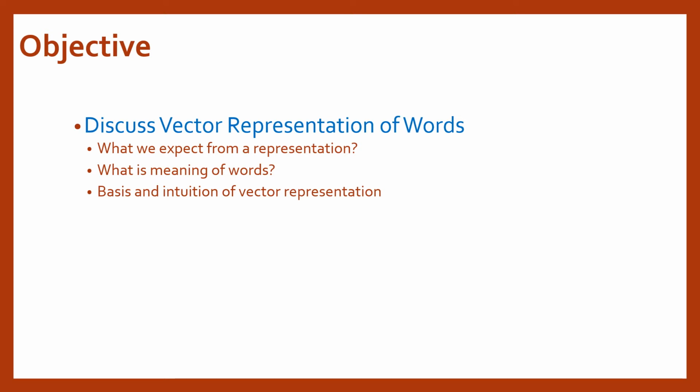So before looking into the methods, we need to understand what we are going to expect from these vector representations and what the meaning of words is. Based on that, we will try to build some intuition on how we can define methods which can lead to a vector representation of words.